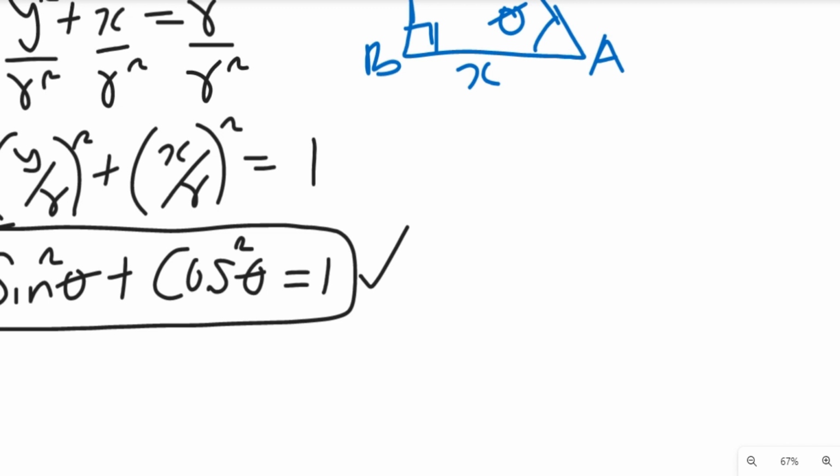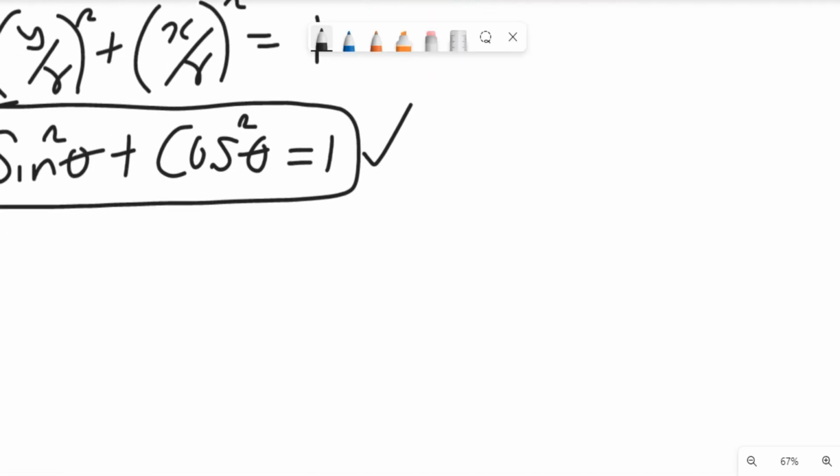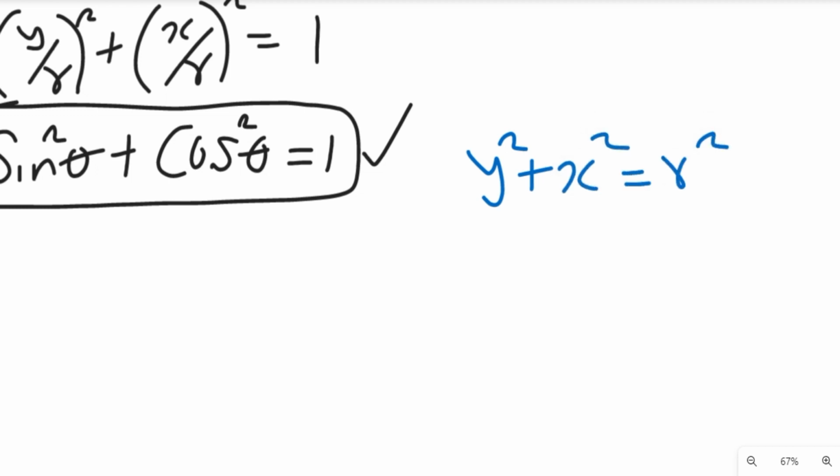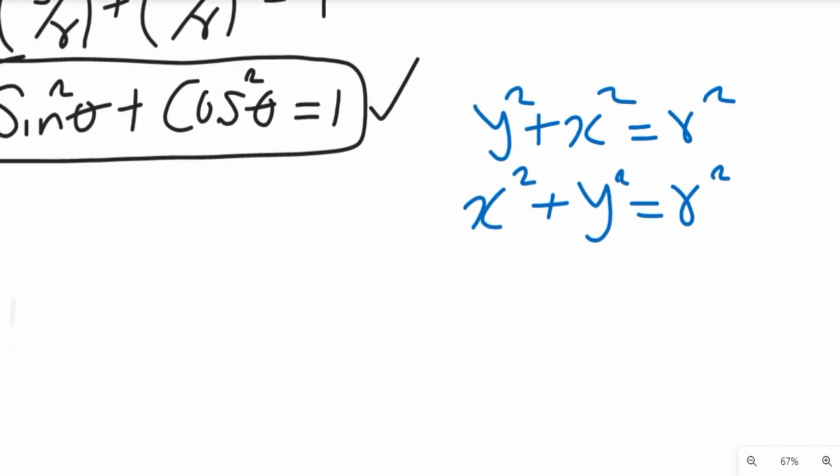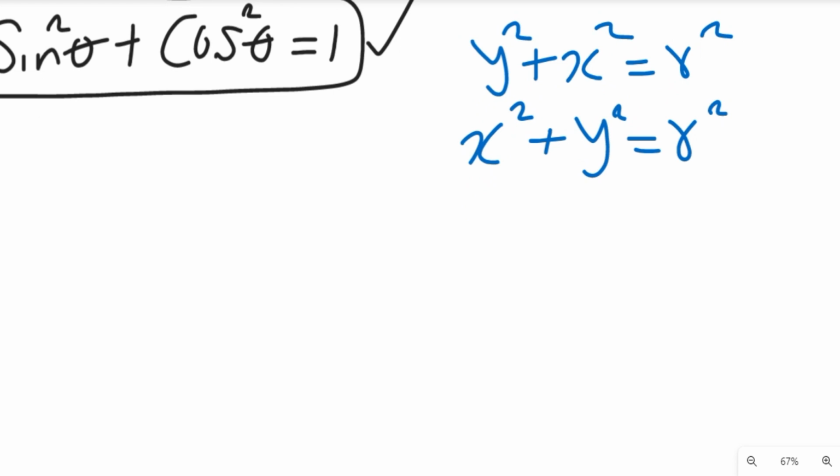Now let's go ahead to also look at that Pythagoras theorem once more. Remember the Pythagoras theorem. From the Pythagoras theorem, we said y square plus x square is equal to r square. So this time around, we'll look at it as x square plus y square equal to r square. So what do we do from here? The next thing we'll do from here is to divide through by x square.